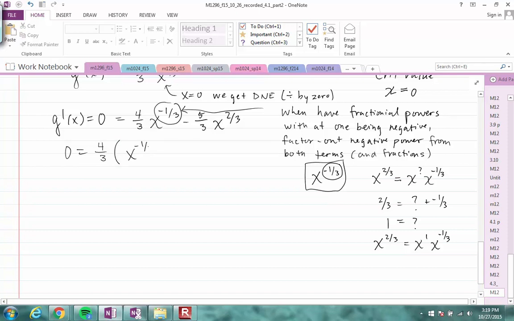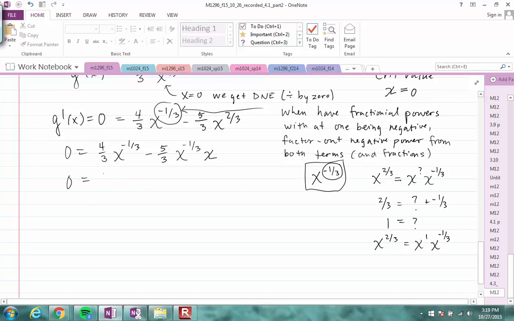I have x to the negative 1/3, which I'm going to take out, because I didn't really need those parentheses. Minus 5/3. And then I'm going to write this, instead of x to the 2/3, as x to the negative 1/3 times x to prepare it. Like I also said, take out any fractions overall.